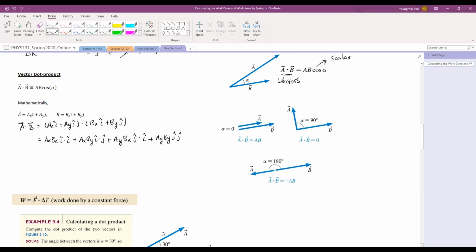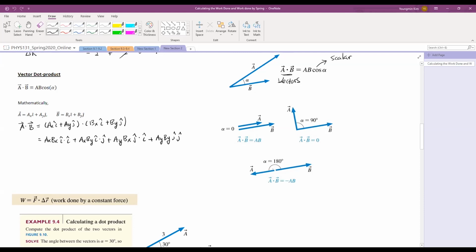So for example, cosine 0, which is the case where A and B are completely aligned in the same direction, so there's no angle between them, cosine 0 is equal to 1. So the dot product of A and B is simply AB. On the contrary, if A and B are perpendicular, cosine 90 is equal to 0. So the whole dot product is wiped out as 0 when A and B are perpendicular.